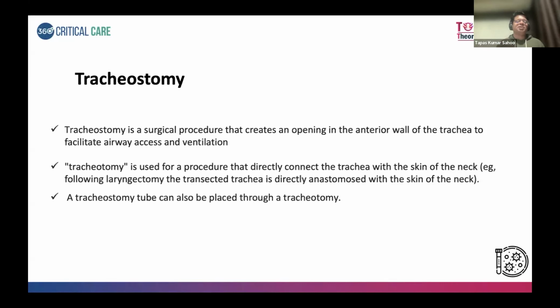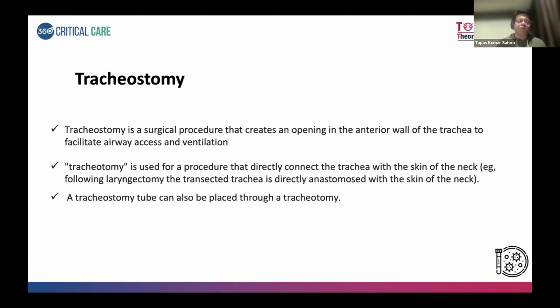What is tracheotomy and what is the difference between tracheotomy and tracheostomy? Tracheotomy is a procedure, just simply remember, that directly connects the trachea with the skin of the neck. Always tomy or stomy is to connect with the outside skin. So if the trachea is directly connected with the skin of the neck, it is tracheotomy.